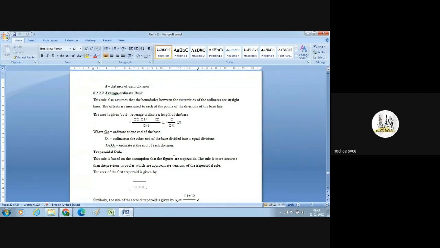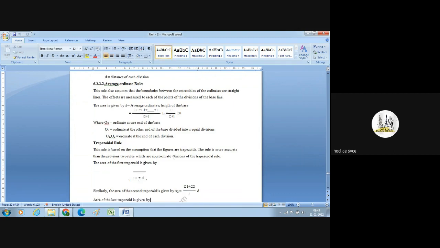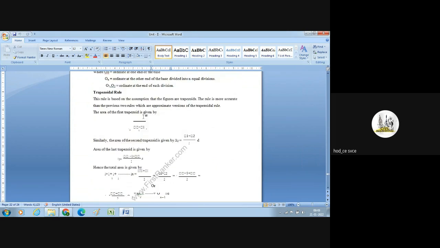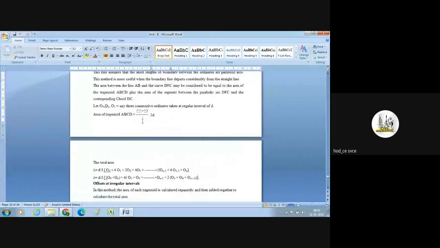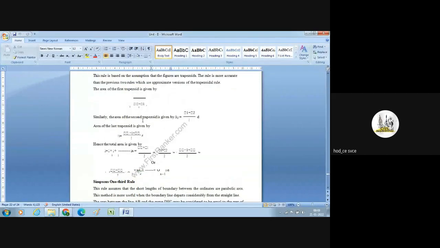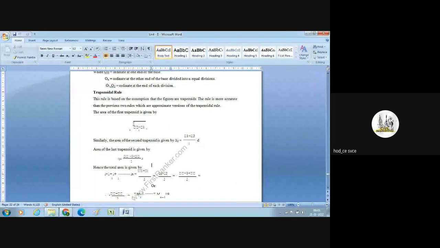O1 comes in delta 1 as O naught plus O1 divided by 2. See here, just assume delta 1 is this O naught and this O1 divided by 2 into d, and delta 2 is O1 plus O2 divided by 2 into d.